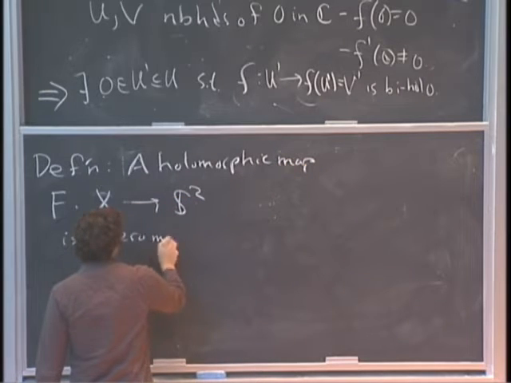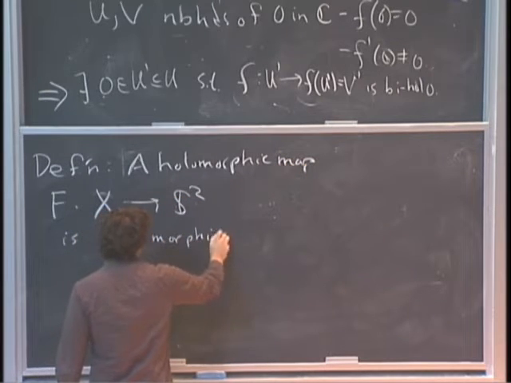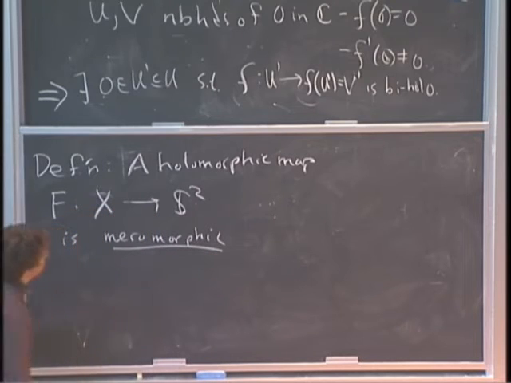So if we want to talk about meromorphic functions on a Riemann surface, we just consider them as holomorphic maps into the Riemann sphere. So none of the sheaf theory is needed.